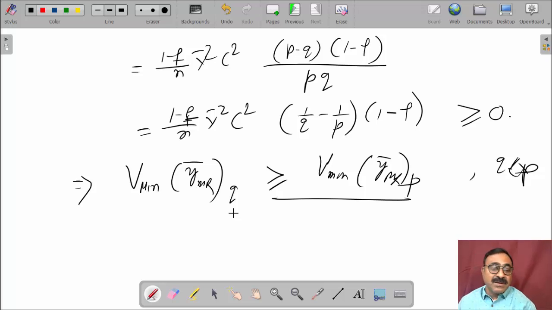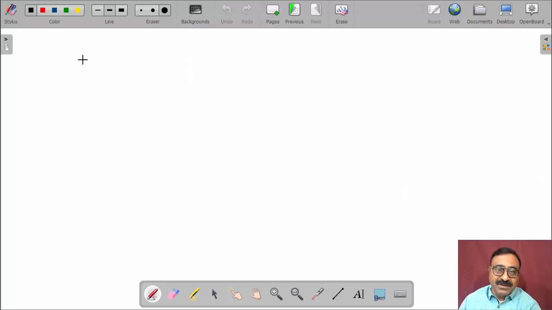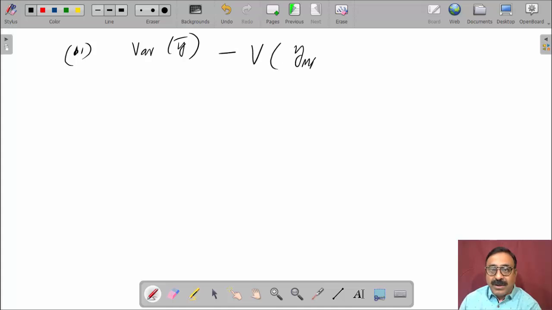Now, again, we compare it with the simple mean per unit estimator. Variance of y bar, we have minus variance of the multivariate ratio estimator using P auxiliary variable.